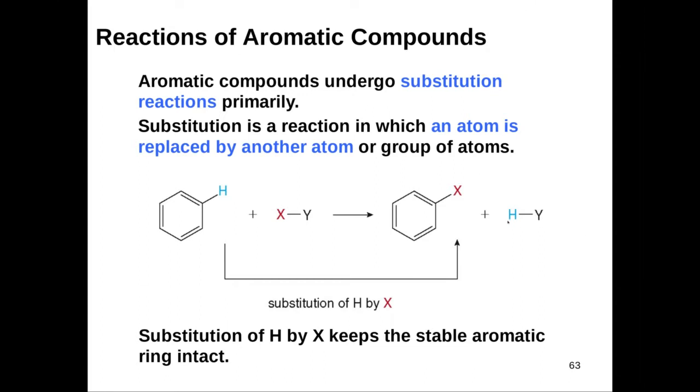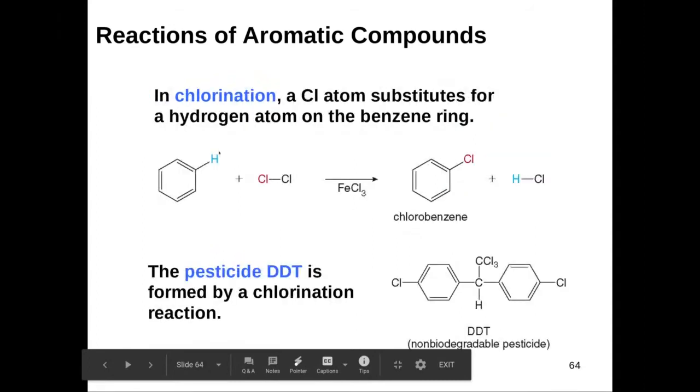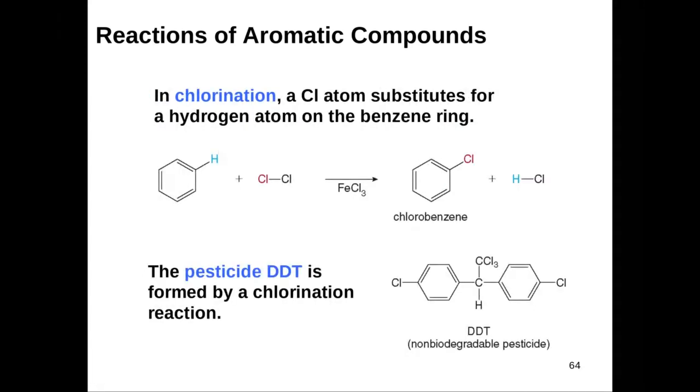So remember, this would be a single replacement reaction. We can also commonly see chlorination, where a chlorine atom substitutes for a hydrogen atom in the benzene ring. So we have a hydrogen atom here, which reacts with chlorine gas with a catalyst of ferric chloride. You'll use this in the lab, producing chlorobenzene and hydrochloric acid.